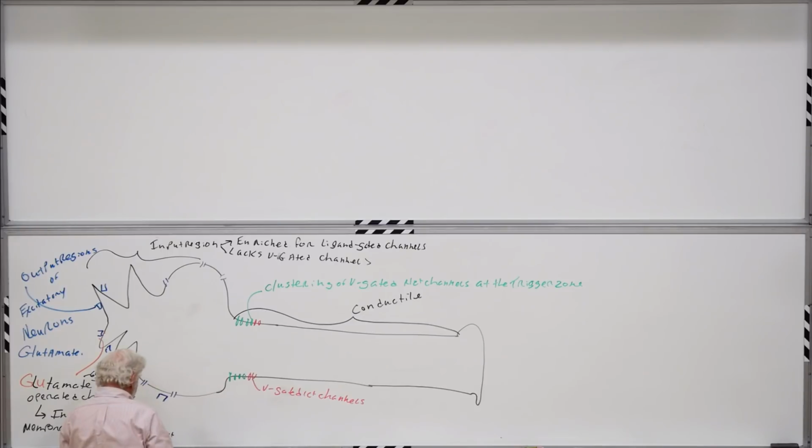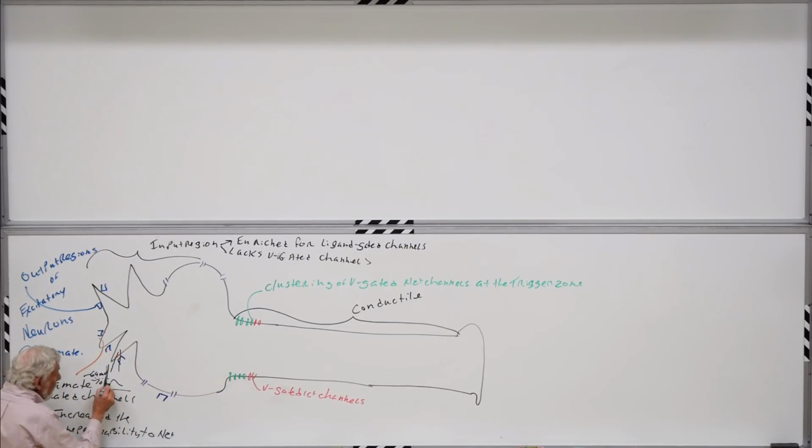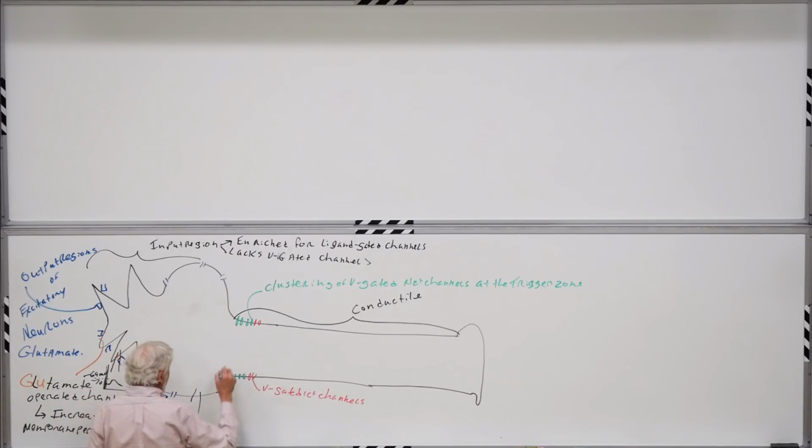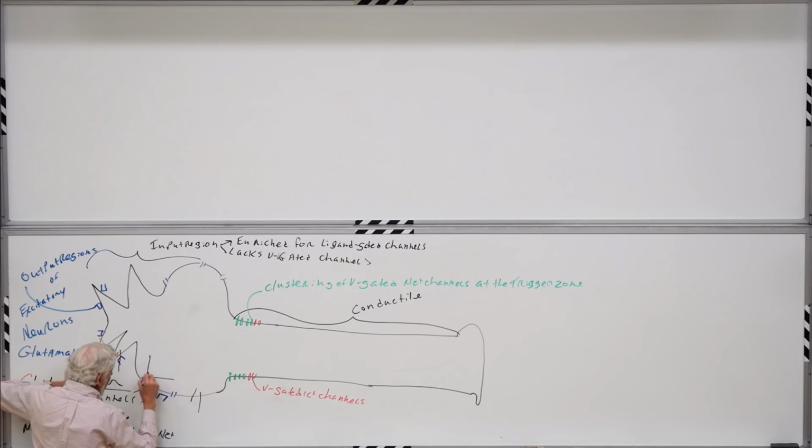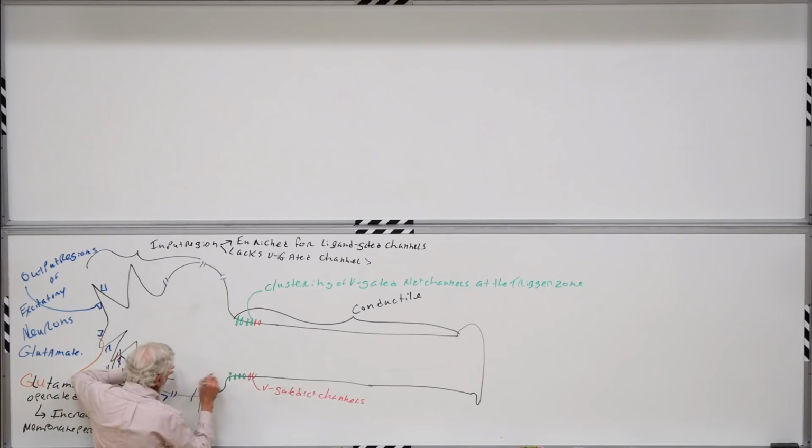The answer to that is that if we get a depolarization here that's about 1 millivolt, and then we would take measurements at points along the membrane here, we would see that this membrane potential, if it were a millivolt here, by the time it reaches this site, may be down to 0.5. By the time it reaches the trigger zone, the membrane potential may go from minus 70 millivolts to minus 69.9 millivolts.